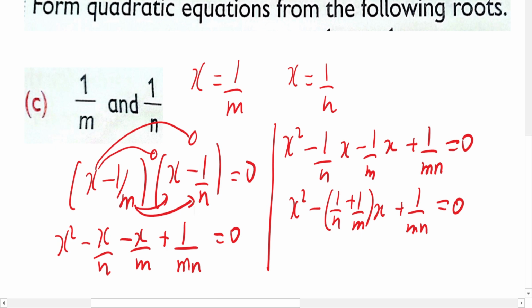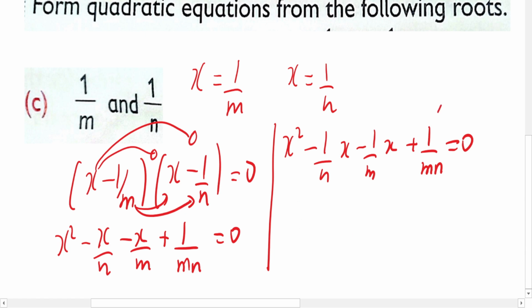But we can also multiply by mn. But this one will become much harder. So let's just do this. Remove the mn, rather than doing this, times mn times mn times mn. So times mn as well here. So you're going to get mn x squared minus the n, and the n cancels, then you find minus mx.